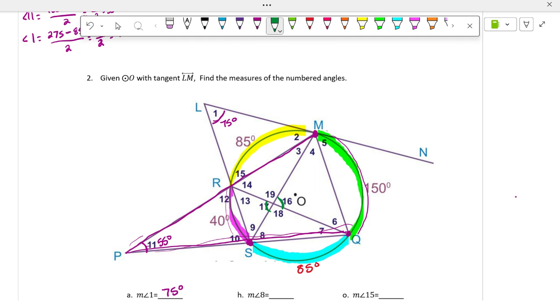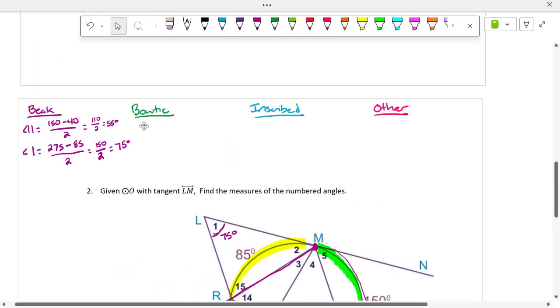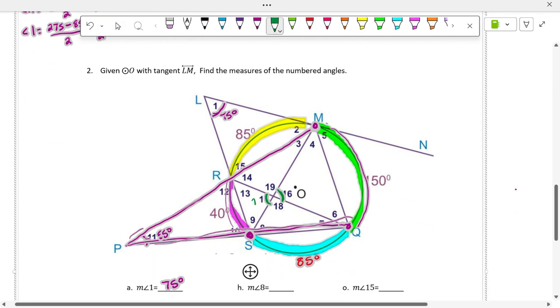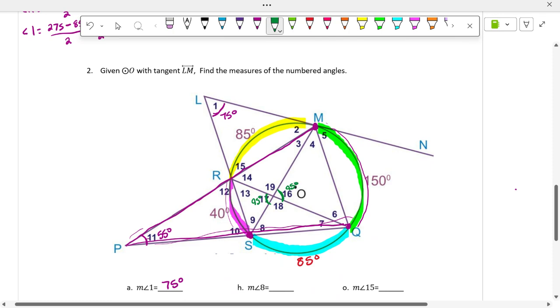What two arcs am I using? 40 and 150. Good. So angle 17 is equal to angle 16. I'm going to do 150 plus 40 over 2. So that'll be 190 over 2, which is what? 95. Good. So 17 and 16 are both 95 degrees.